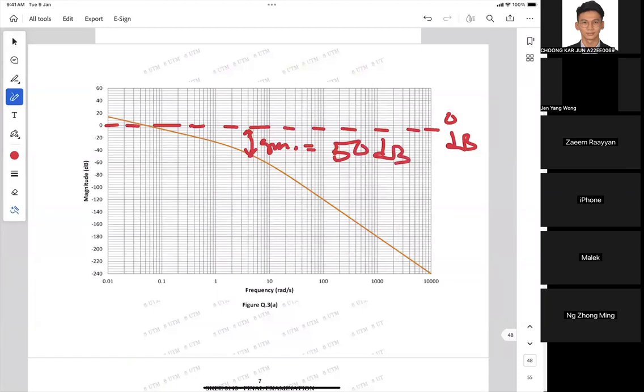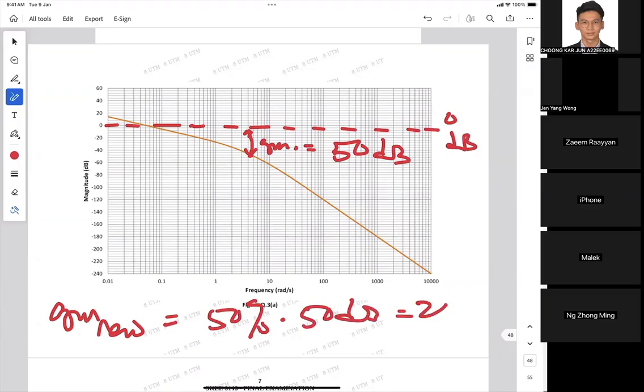So the new gain margin is decreased by 50%. 50 dB equal to 25 dB, correct? Lim Jing Yi, correct? Yes. So what should we do to the gain curve?